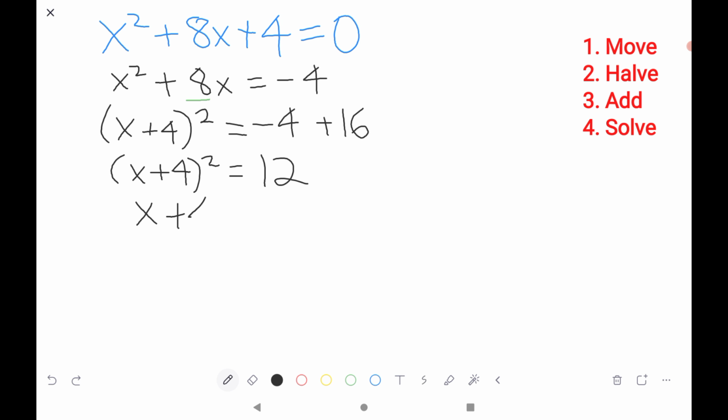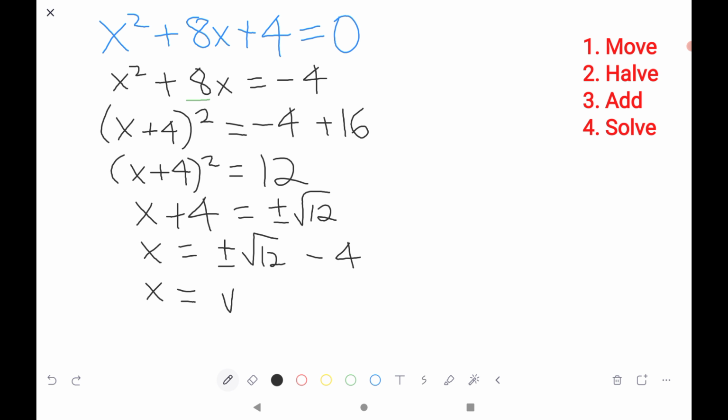So we remove the square on the left and end up with plus or minus root 12 on the right. Finally, I just want to move the plus 4 to the other side of the equation, and we are left with x equals plus or minus root 12 minus 4.